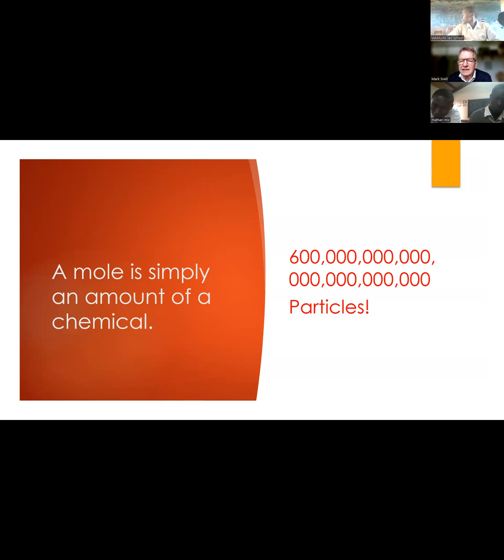That is 6 times 10 to the 23. 6 times 10 to the 23 is a pretty large number. It's actually 6.023 and then some other numbers times 10 to the 23. In other words, it's a very, very big number. But it is just a number. So what we have to do is to learn how to use that number.